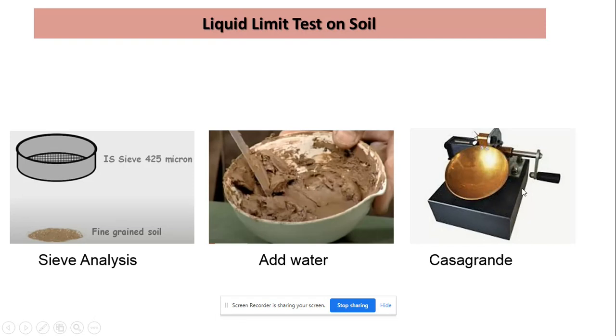This is the pad of the Casagrande apparatus, and in this portion we have an arrangement to record the number of revolutions given to this handle. In the Casagrande cup the soil sample is put, and from the middle it is divided into two parts, and then the number of blows required for 12 mm closure is noted.